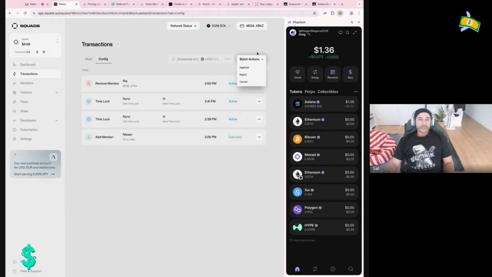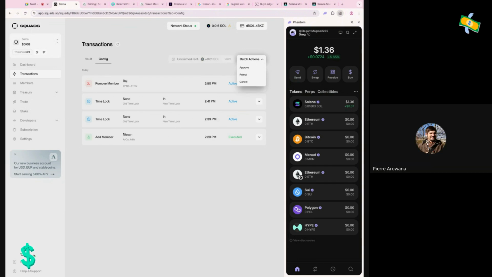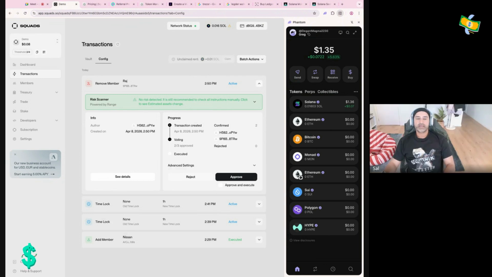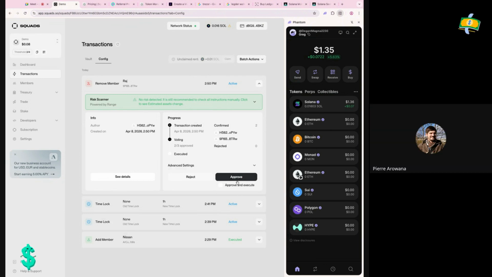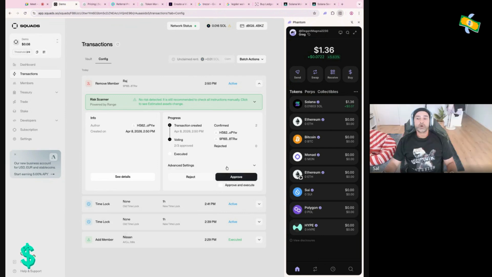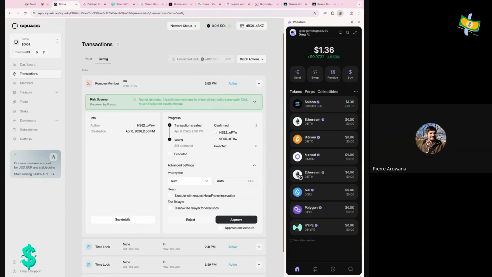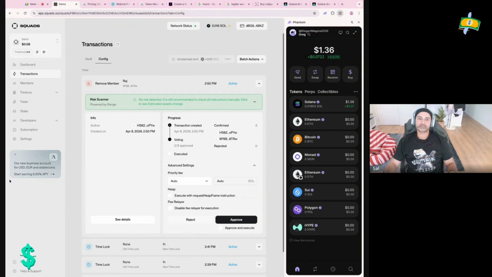Oh no, it's not a brick, because it's just that Nissan is not in the call with us right now. But if you had 3 out of 3 and you wanted to remove someone, is the threshold going to drop to 2 automatically, or do you have to do it before? No, you have to do it as part of the transaction.